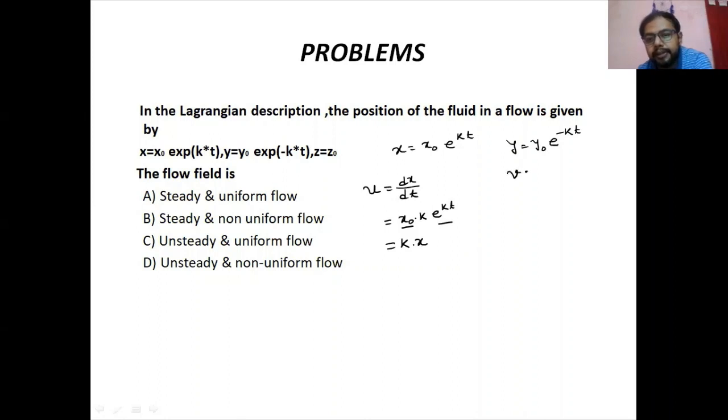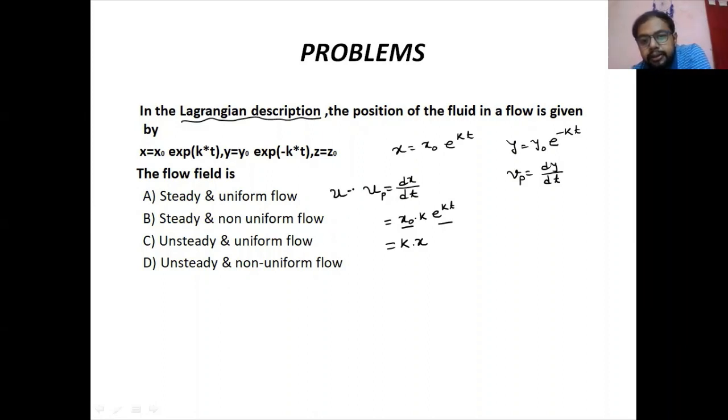Similarly, v is equal to dy by dt. We can do this operation because the Lagrangian description is given here. So this velocity is the particle velocity. If it is a neutrally buoyant particle, then we can say the flow velocity and particle velocity are the same.